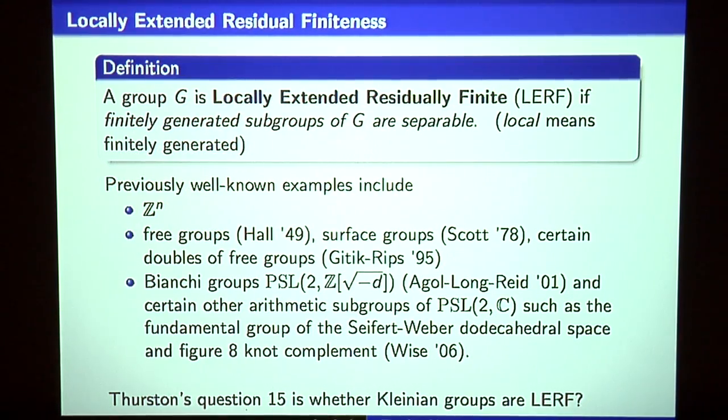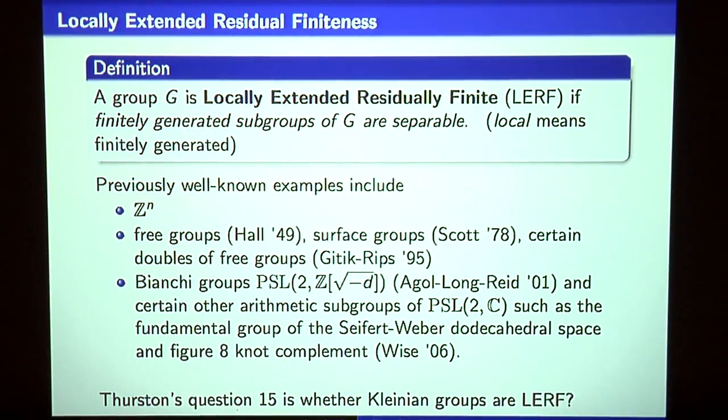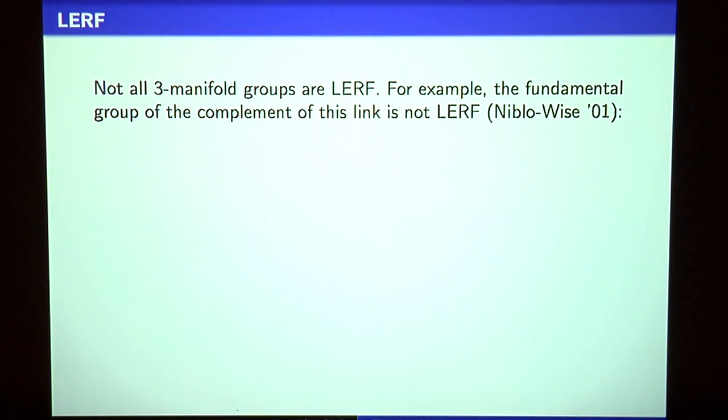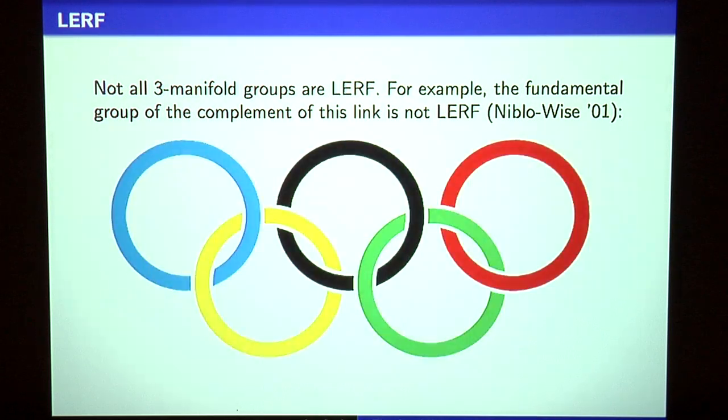Okay, well, why was Scott considering this concept? Why did Scott and Hall consider this concept of LERF? First of all, not all three-manifold groups are LERF. For example, the fundamental group of this link complement is not LERF. This was proved by Niblo and Wise in 2001. If you take the Olympic rings, the fundamental group of the complement is not LERF.